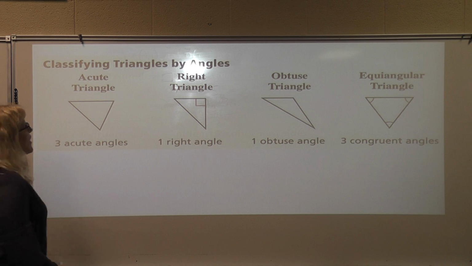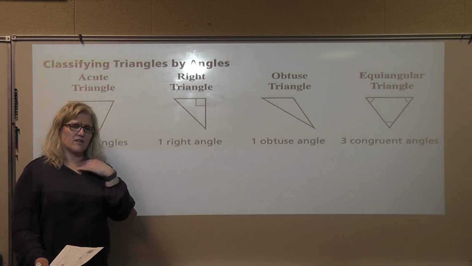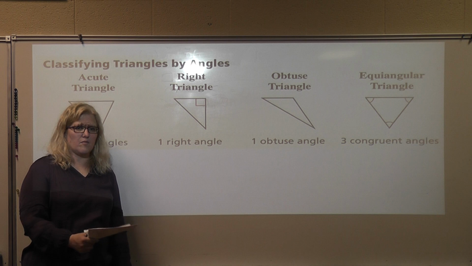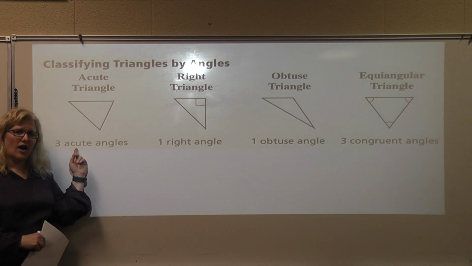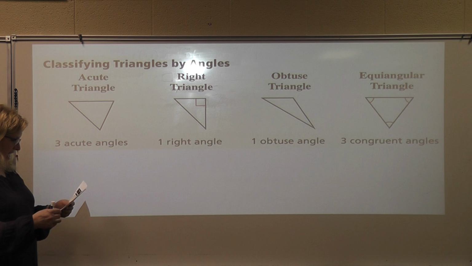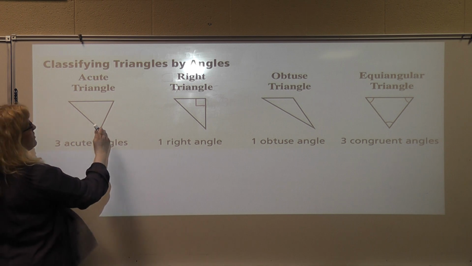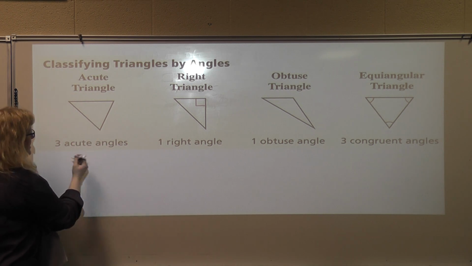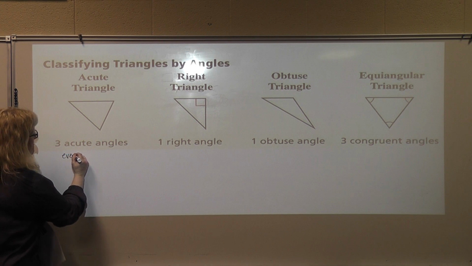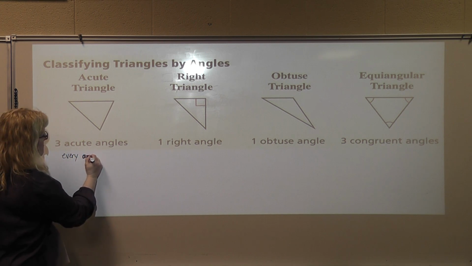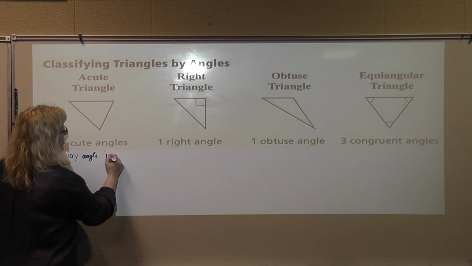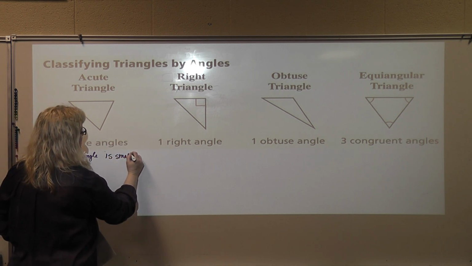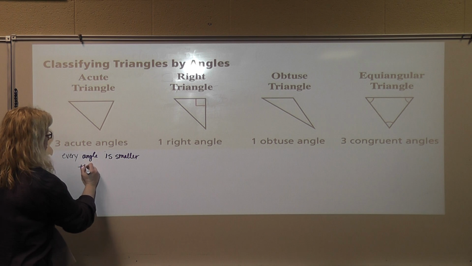Okay, classifying triangles by their angles. This is where that dumb joke came in at the beginning of the class. An acute triangle is when every angle is smaller than 90 degrees.